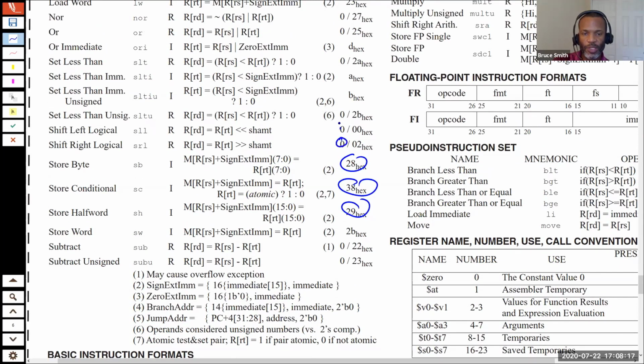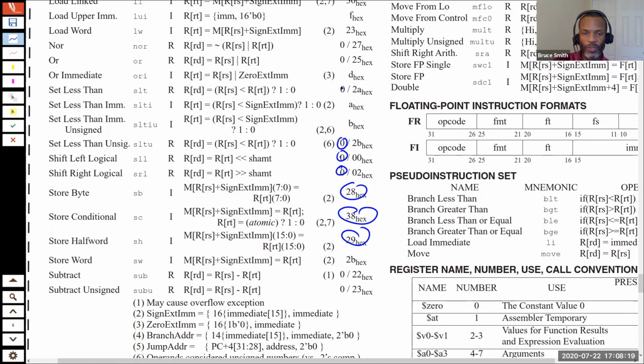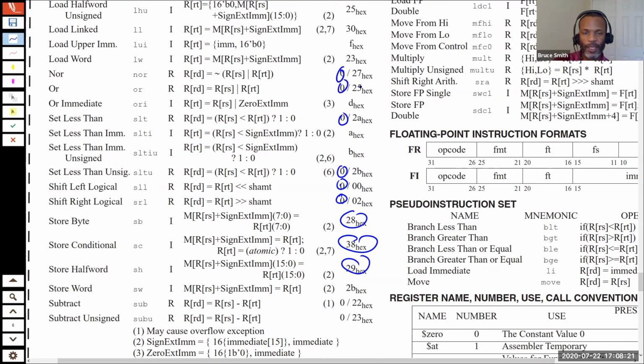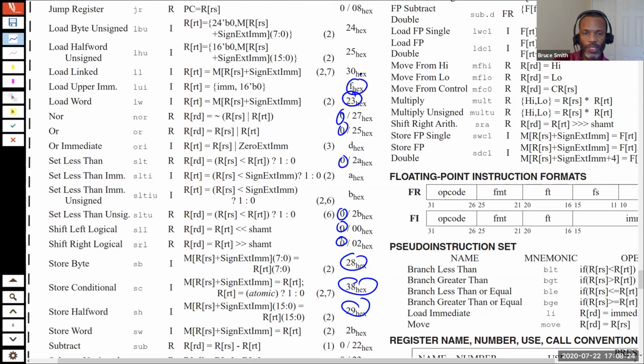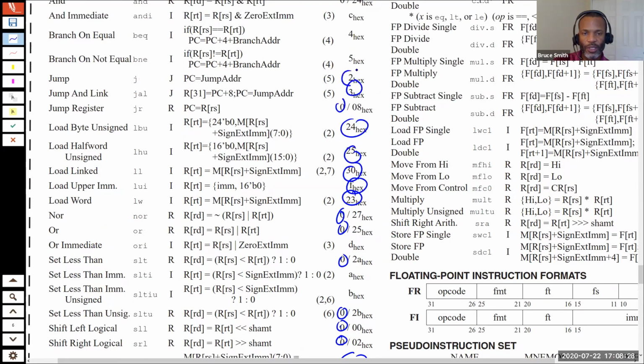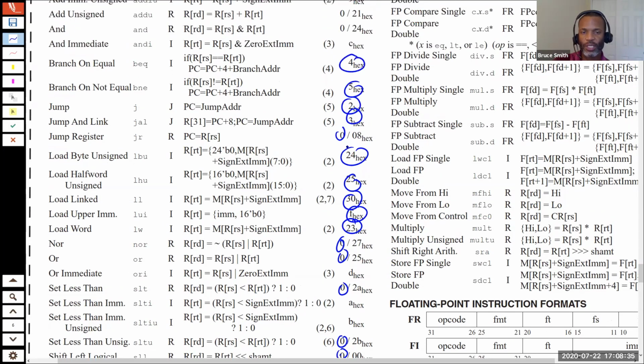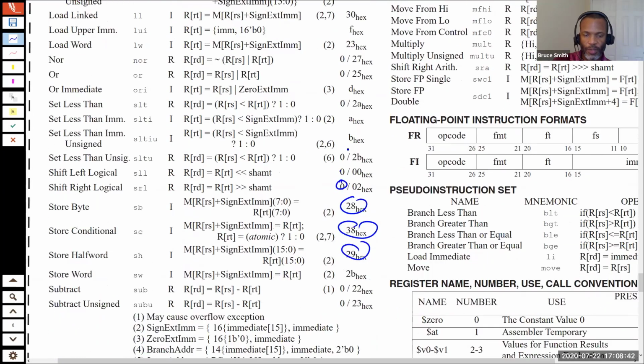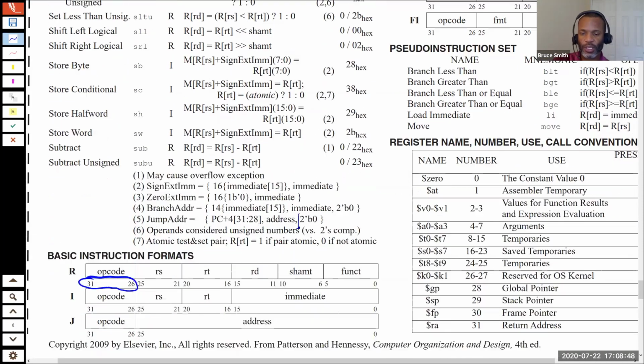For every number here that we see, if there are two, the left one is the opcode. And if it's just one, then that is the opcode. So every instruction will always have an identifier that goes along with it.